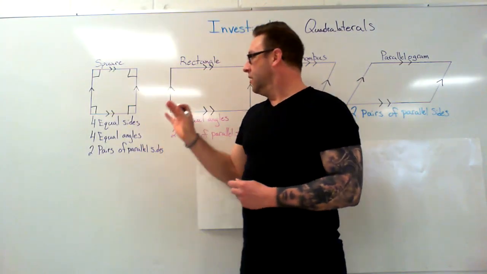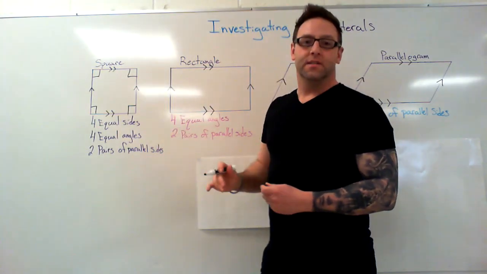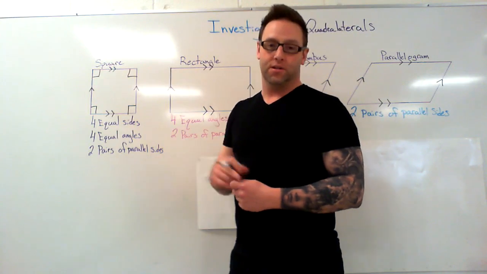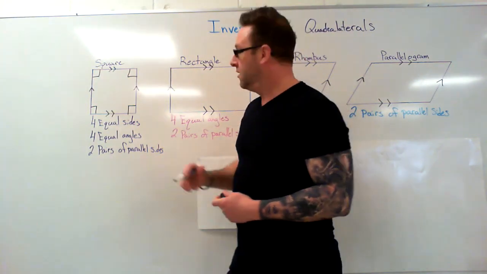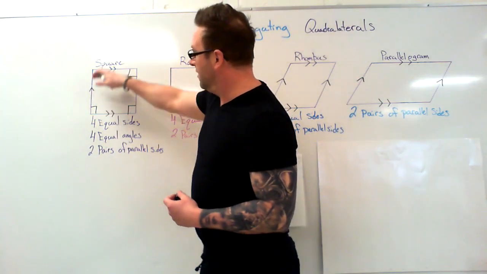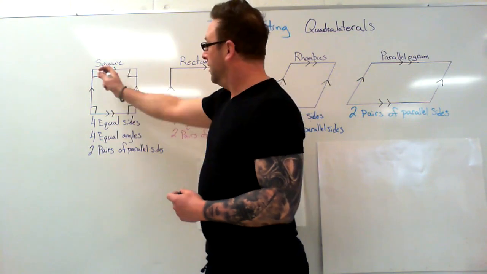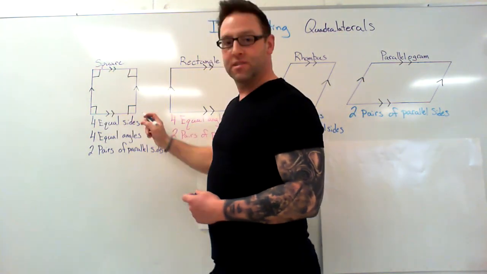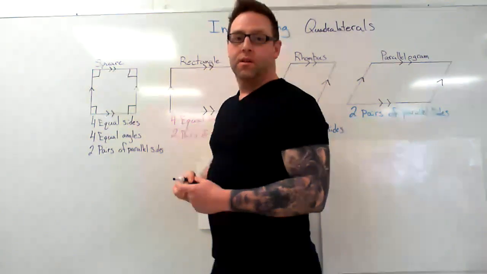Okay? The other thing about a square is that it has two pairs of parallel sides. This side and this side are parallel, and this side and this side are parallel.